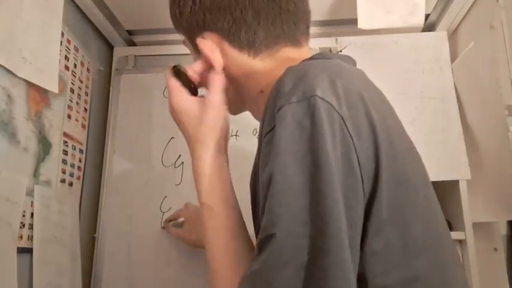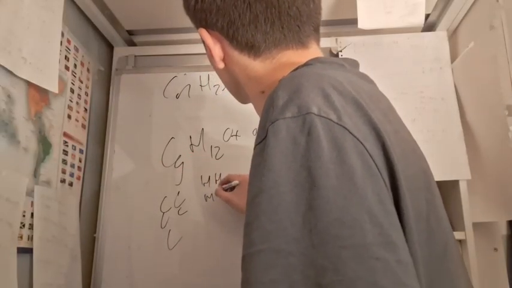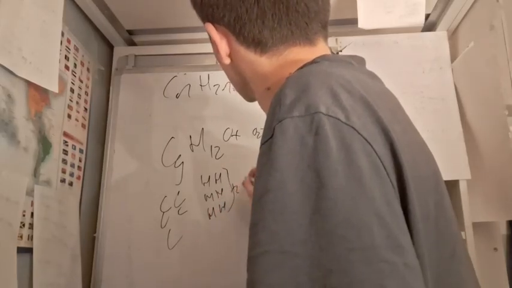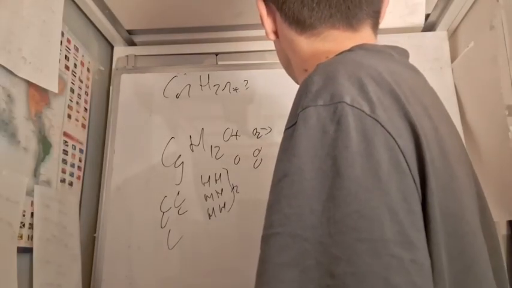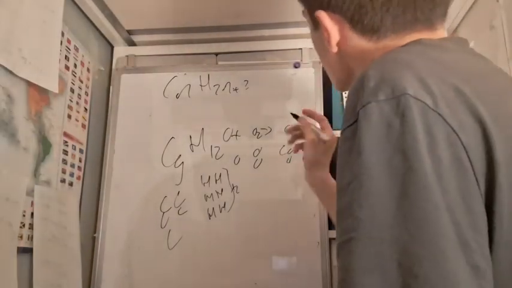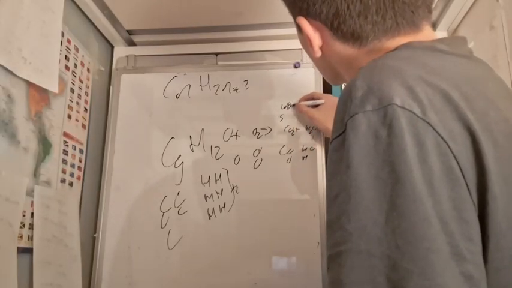So again, you do the hydrogen, the oxygen, the CO2. So we have all this. Now, if we put 5 above here, it would be 5. That means it would be 10 oxygens.